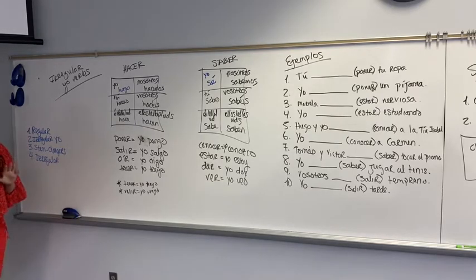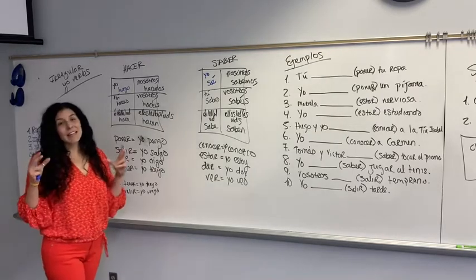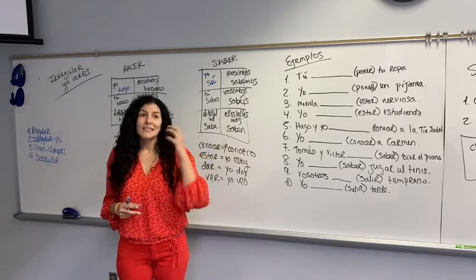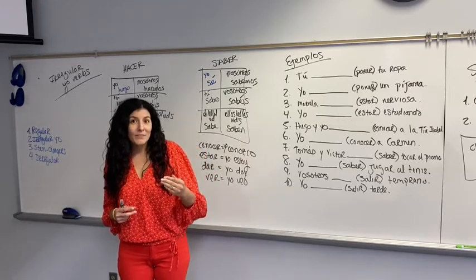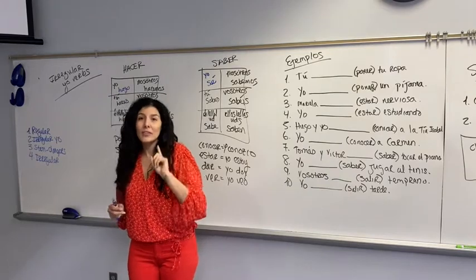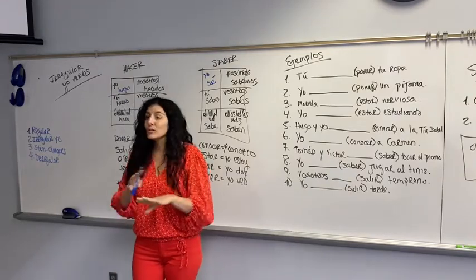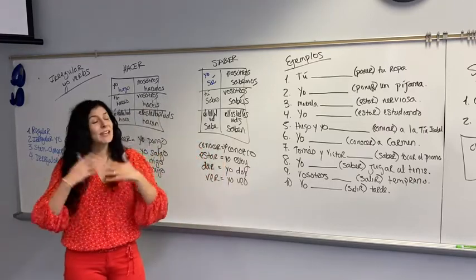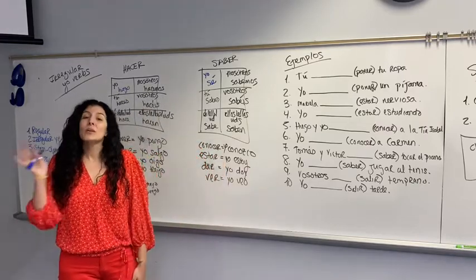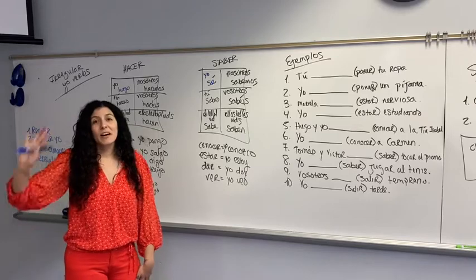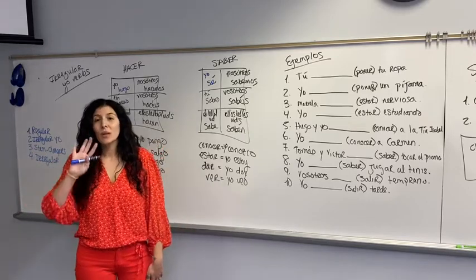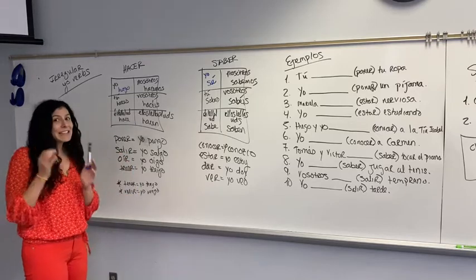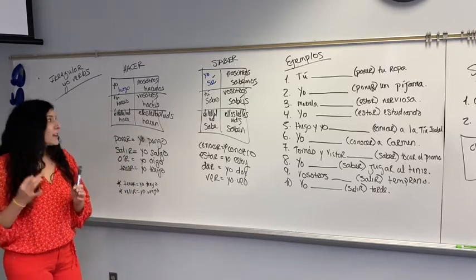Now irregular verbs, that as a category means that the stem is irregular only in the yo form. Only in the yo form does the stem become irregular. That's what that category means. So whenever we're thinking about conjugation, we're not going to think about changing the ending. Because remember, the ending tells us where we are in time.